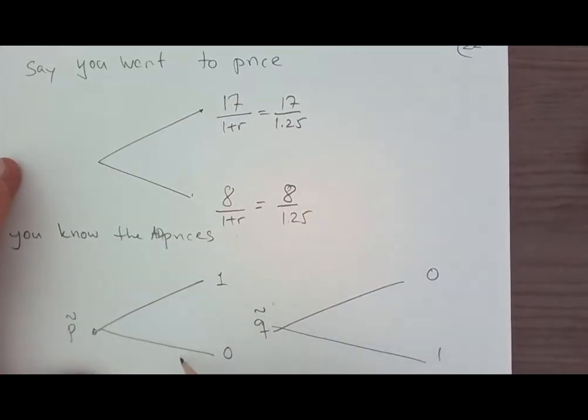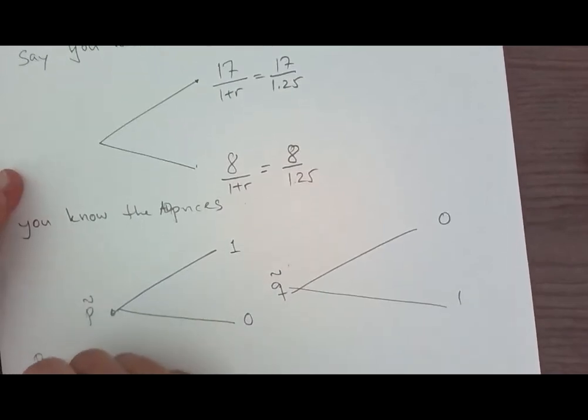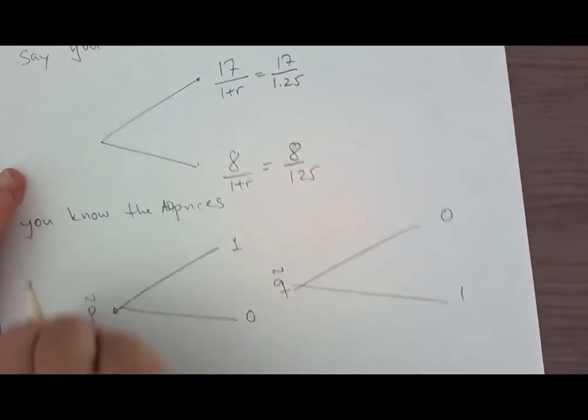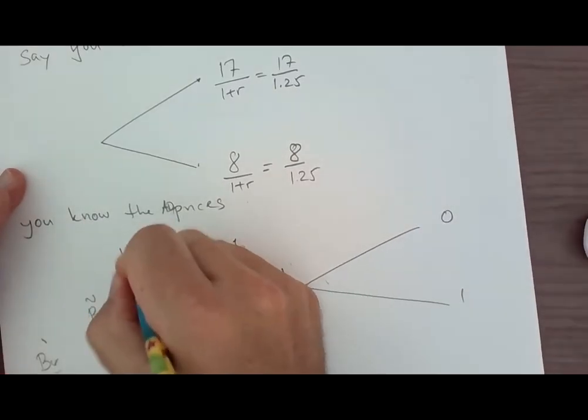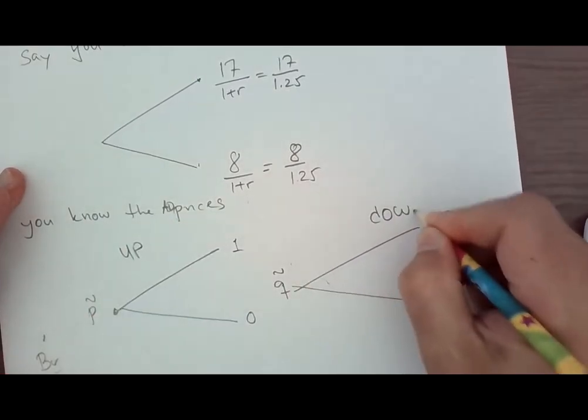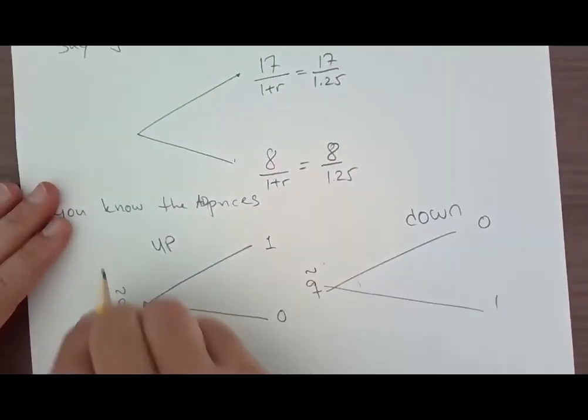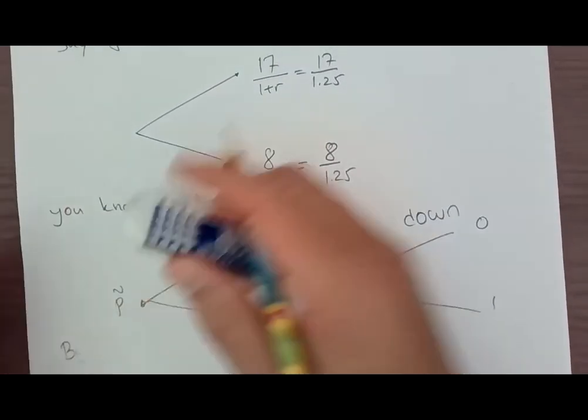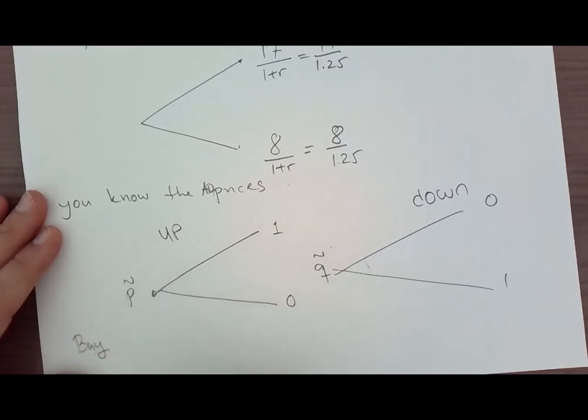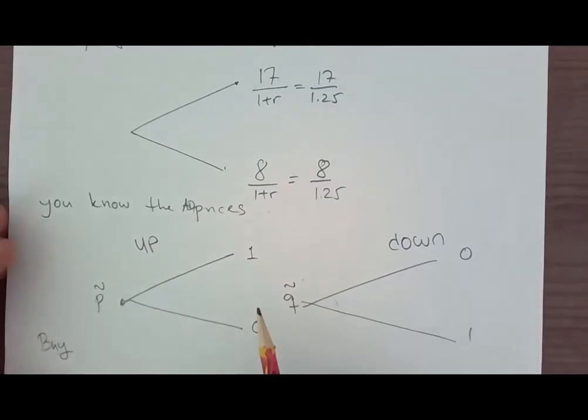Well, how many of this one do you want to buy? This one here is the up. This one here is the down. How many should we buy of the up?